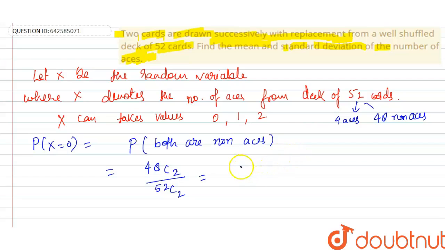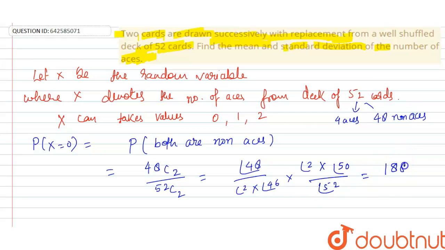On further solving, we get 48 factorial upon 2 factorial into 46 factorial, whole divided by 52 factorial upon 2 factorial into 50 factorial. Solving this further, we get 188 upon 221.